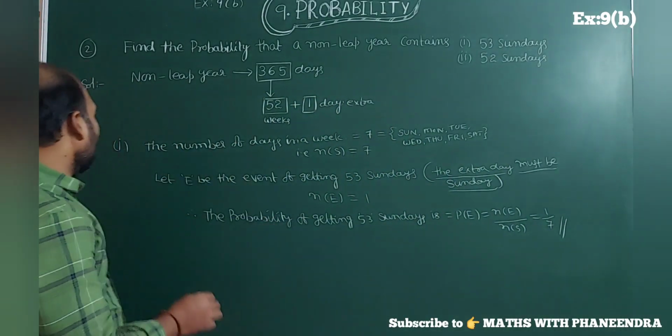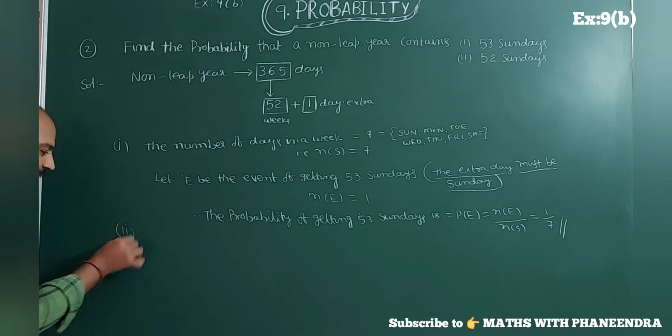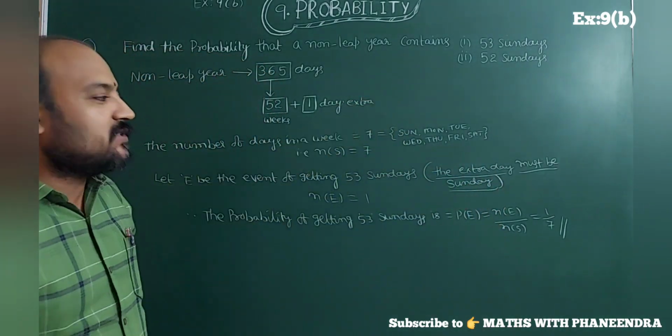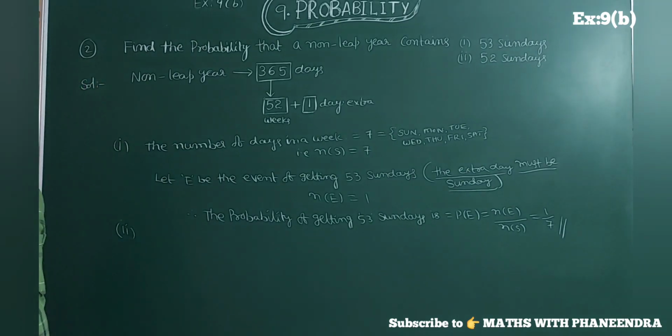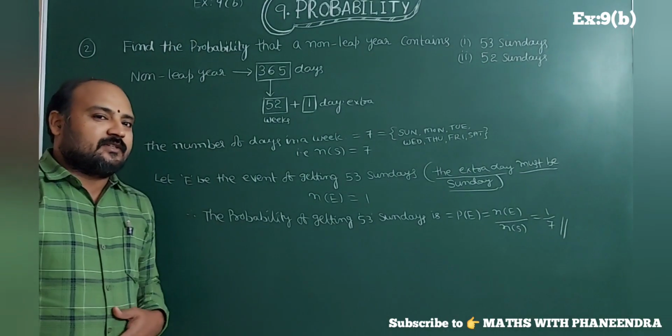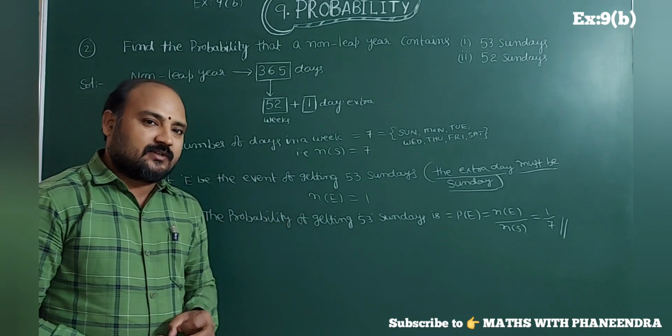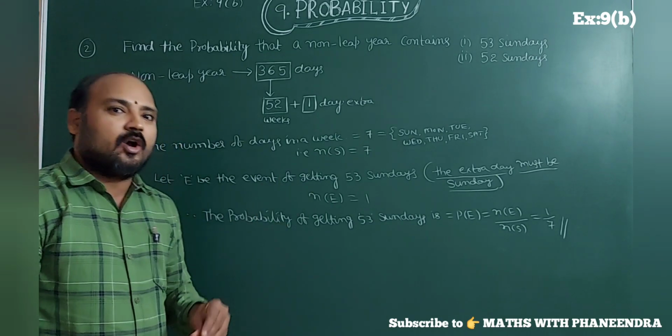The second question we have. What is the second question? 52 Sundays. In the previous sessions about events we discussed the complementary event.